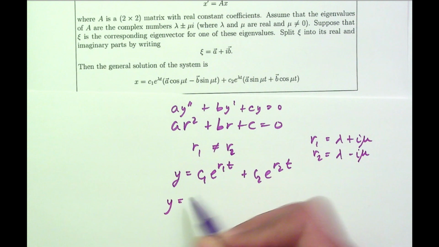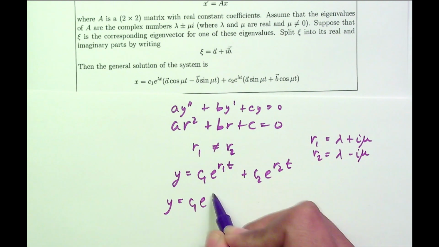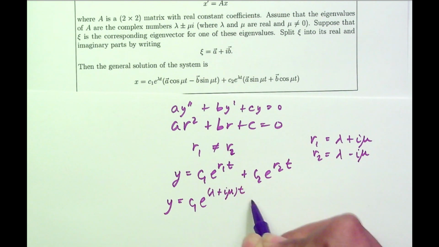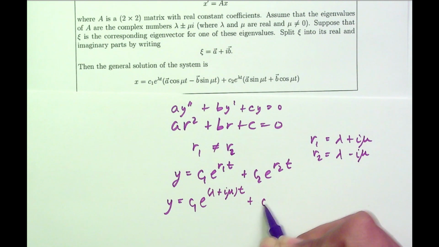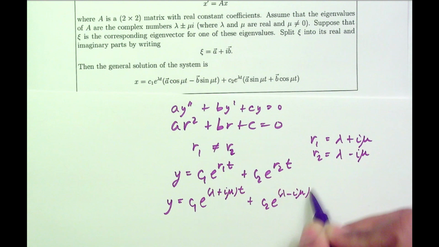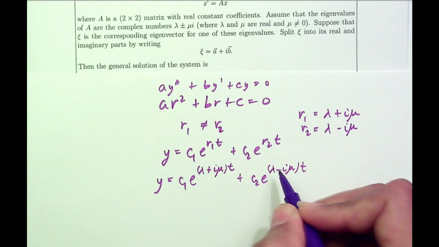So you would get that the general solution is C1 e to the (lambda plus i mu)t plus C2 e to the (lambda minus i mu)t. And then we discussed Euler's formula.